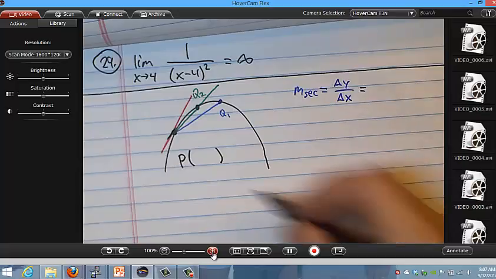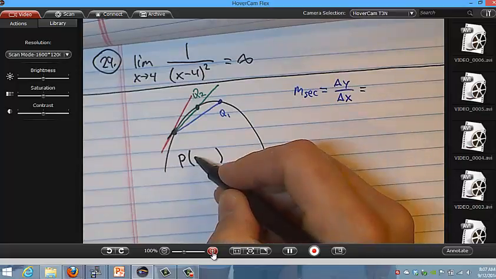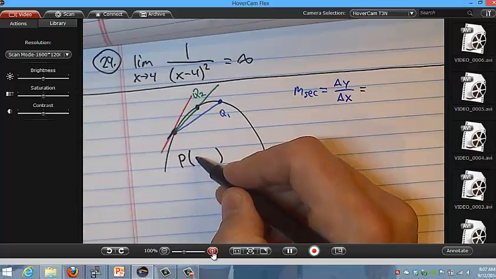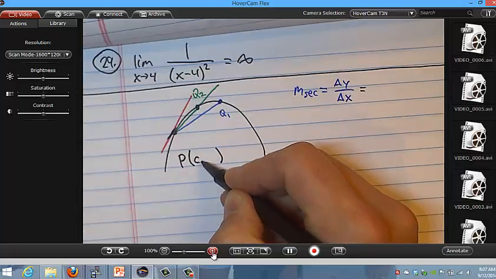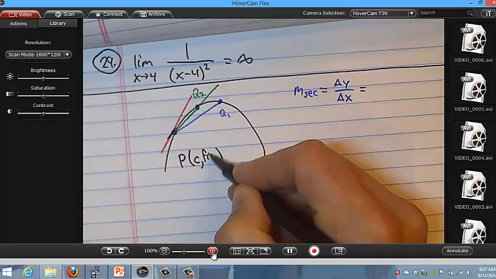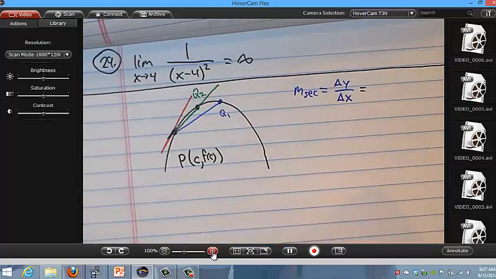So, for example, if I make the x value equal to something like c, then the y value will be f of c.